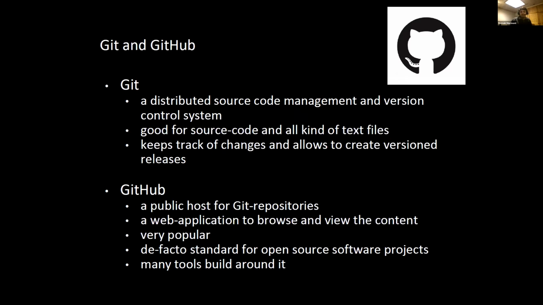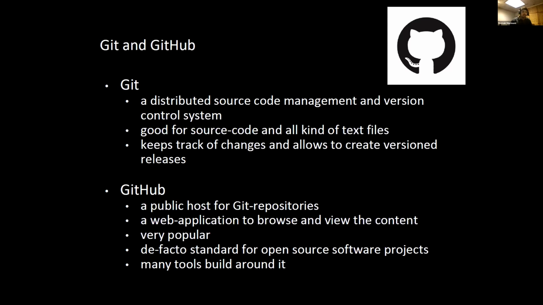So Git and GitHub, for those of you who might not be familiar with that. Git is actually a software, a distributed source code management and version control system. So you can track changes in a code base, label changes, and it makes it very easy to keep track of what is moving in the code and to document the changes of a software.